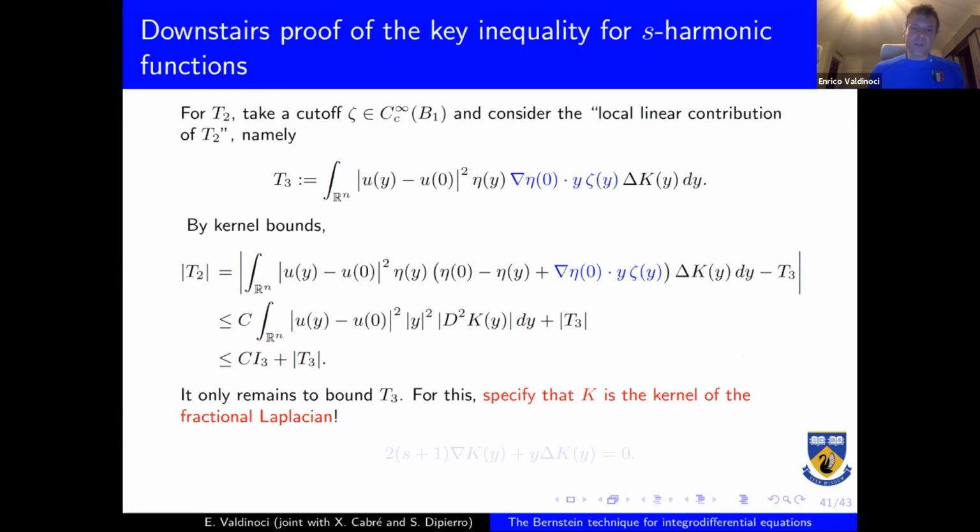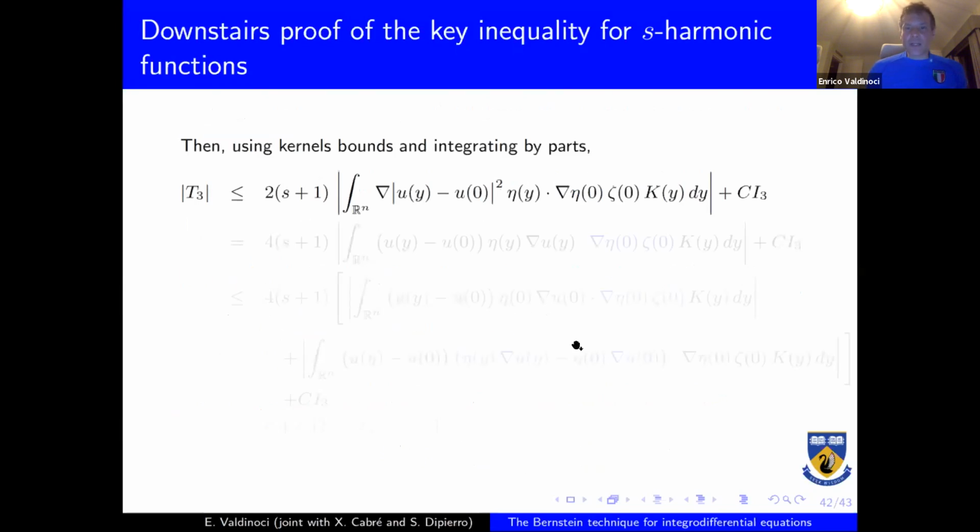But for the kernel of the fractional Laplacian, there is a very nice formula that relates the Laplacian of the kernel with the gradient of the kernel. And so this provides an additional cancellation because, again, one can estimate T3 with an object which has the kernel.